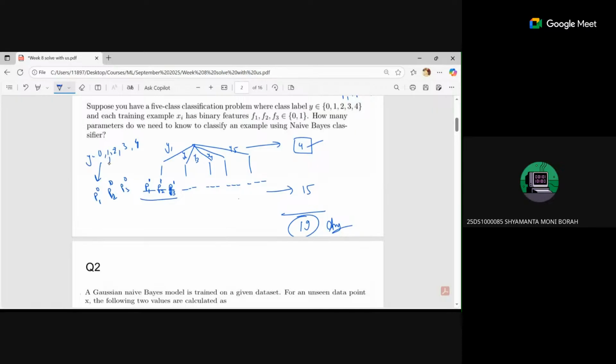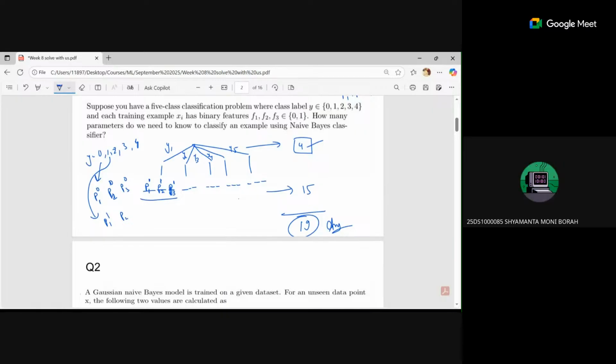We are talking about binary features, 0 and 1. That's why we are saying P1 1 and P1 0 also.